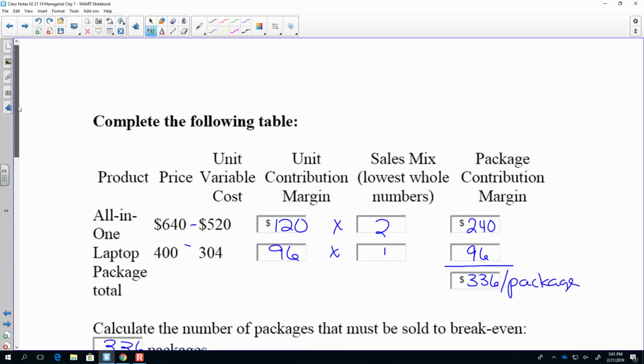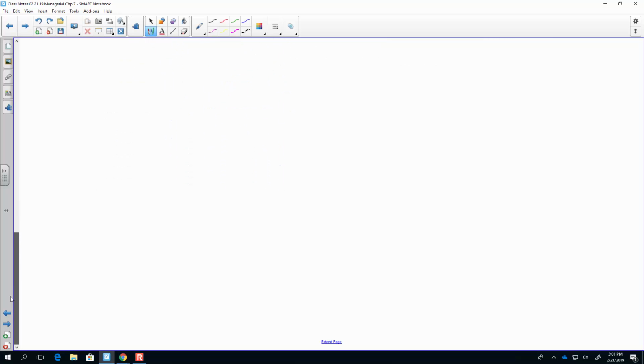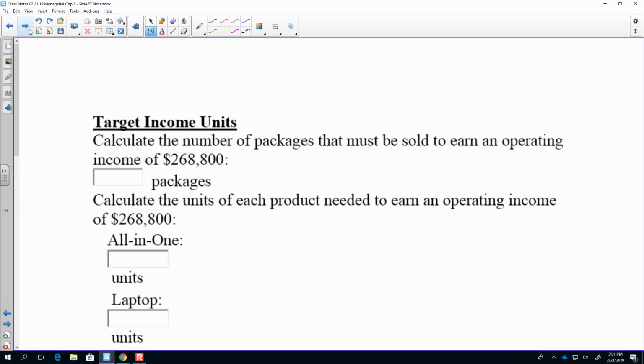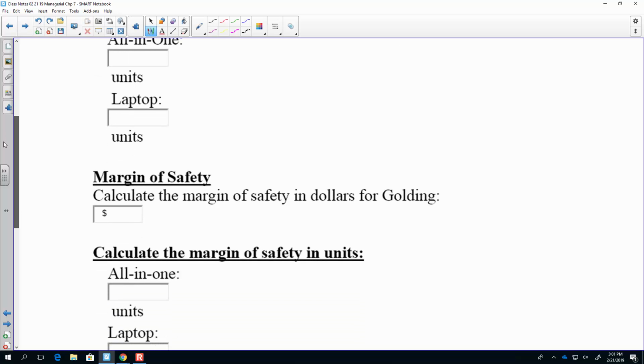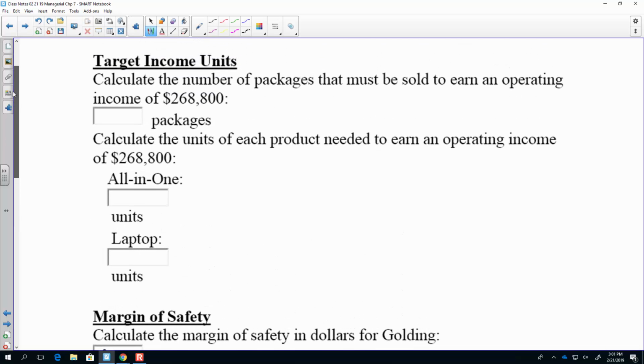Are we on the last page, guys? Number of packages to earn an operating income of 268,800.